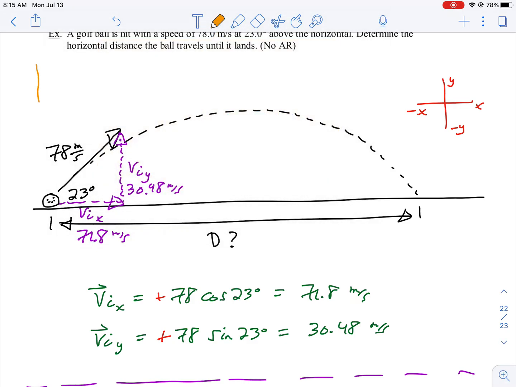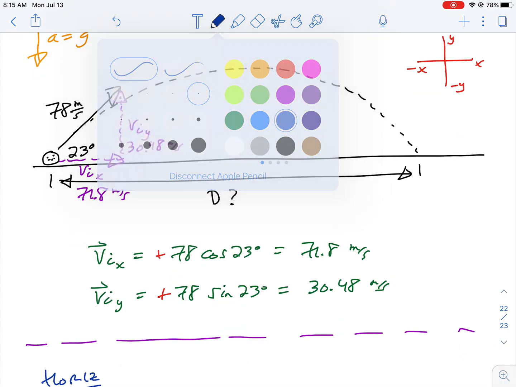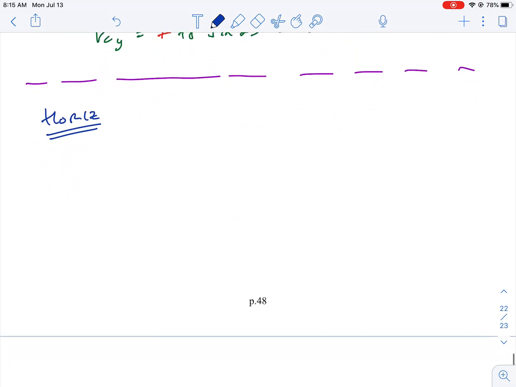We know the acceleration is going to be equal to gravity the entire time. It's on the vertical, on the y-axis only. So horizontally, there's no acceleration. Which means horizontally, in the x, we know that the acceleration in the x is 0. So this is going to be uniform motion.